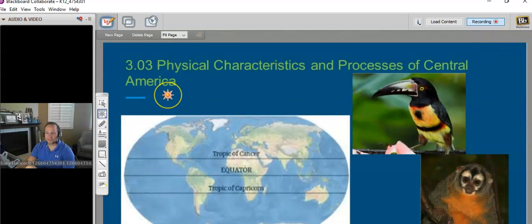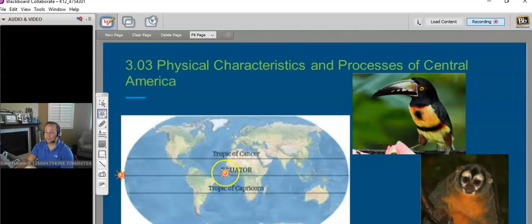All right, so let's talk about why you can find these animals in this area. A lot of it is because of the way the Earth rotates around the sun and where it hits. So in the center of the Earth, if you just cut it horizontally, you have the equator that runs through there. And the sun is directly hitting this at the equinox, the spring and fall equinox.